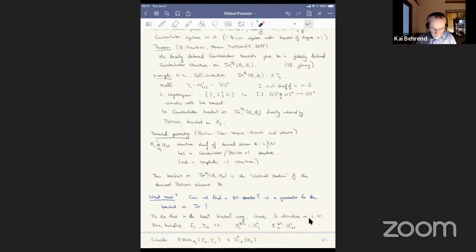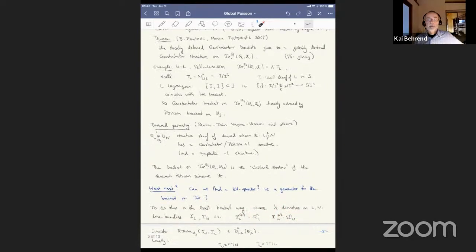These are line bundles, which I'll call epsilon L and epsilon N, such that if I tensor each with itself, I get the canonical line bundle, the highest exterior power of the cotangent bundle on L and N. And then, instead of considering the derived tensor product, we consider the derived sheaf Hom of these. These are still O_S modules, epsilon N and epsilon L, and I consider these derived Homs. Again, this is an object in the derived category.